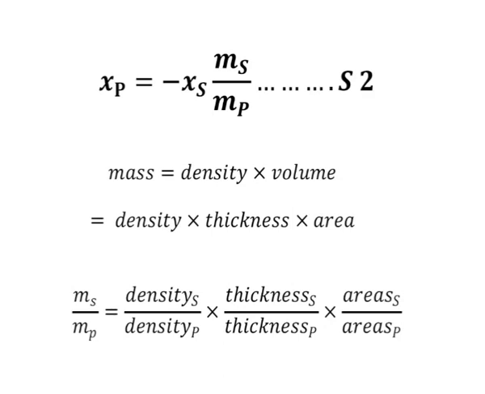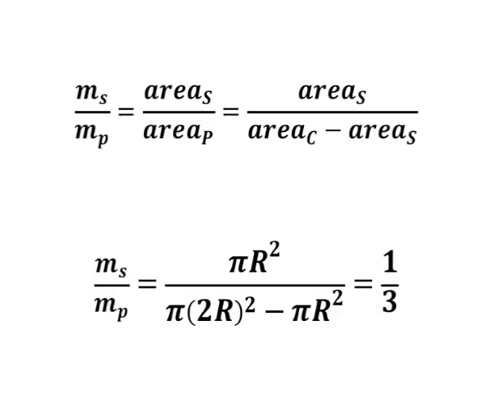Then ms upon mp is equal to density S divided by density P into thickness S divided by thickness P into area S divided by area P. Because the plate is uniform, the densities and thicknesses are equal, so we are left with ms upon mp equal to area S over area P, which is equal to area S divided by area C minus area S. So ms upon mp becomes pi r square divided by pi into 2 r square minus pi r square, and is equal to 1 by 3.